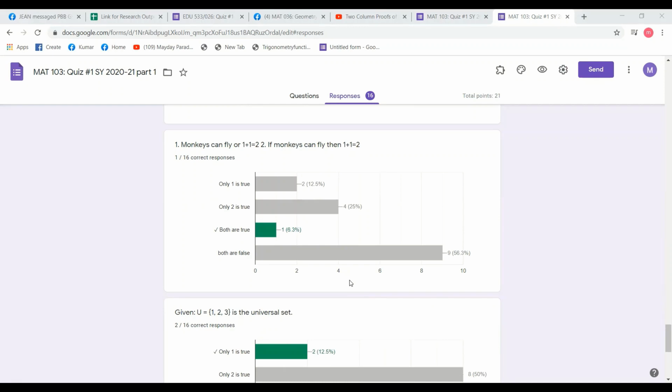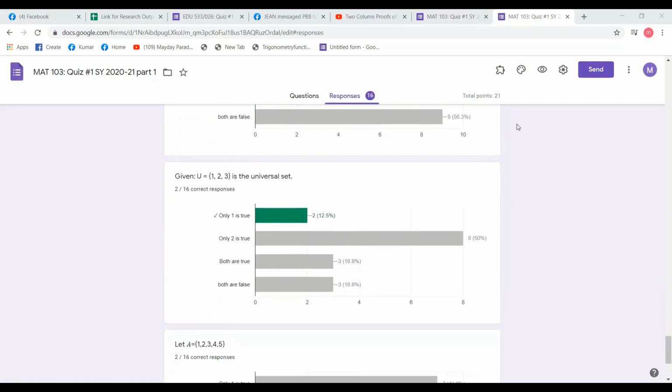Then for item 2, if monkeys can fly, which is false, then 1 plus 1, which is true, that is a true statement. So we have if false then true, and that is also a true statement. So therefore, both statements are true.